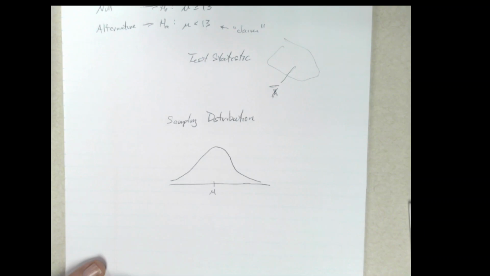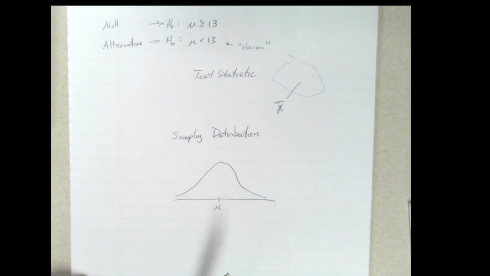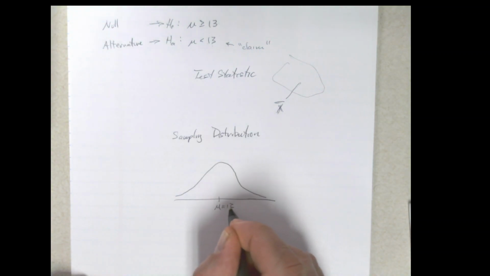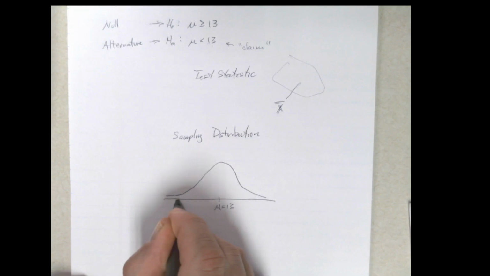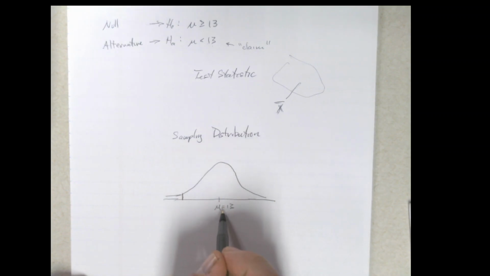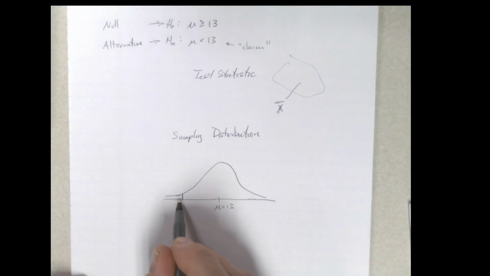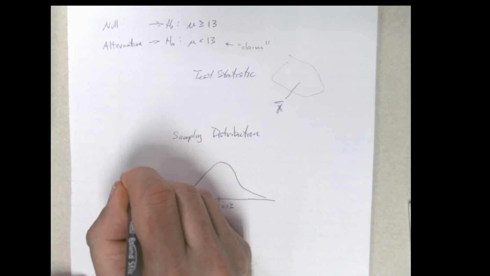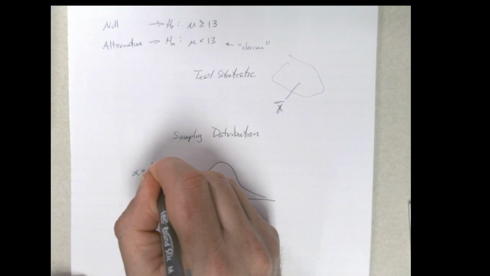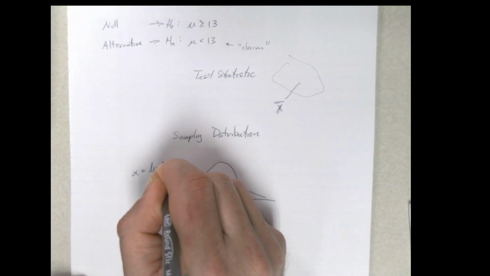So it has this shape. Now, we take the equality and we assume this is true, so we assume this is centered on 13. The idea is that we want to get in our sample a value that is really far from this. If this is true, I'm not likely to get a sample in this region. The area of this region is alpha, and that's called the level of significance.